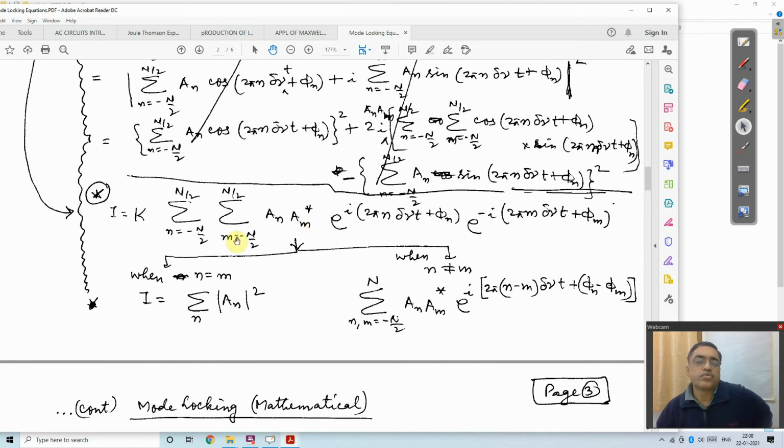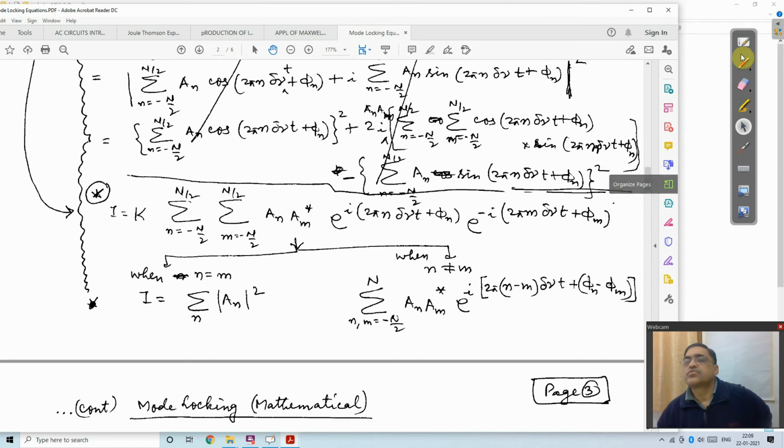When both are equal, we have the magnitude of a_n squared, and the rest cancel out, because plus iota and minus iota, and things will be the same the other way. And so of course there must be k here.